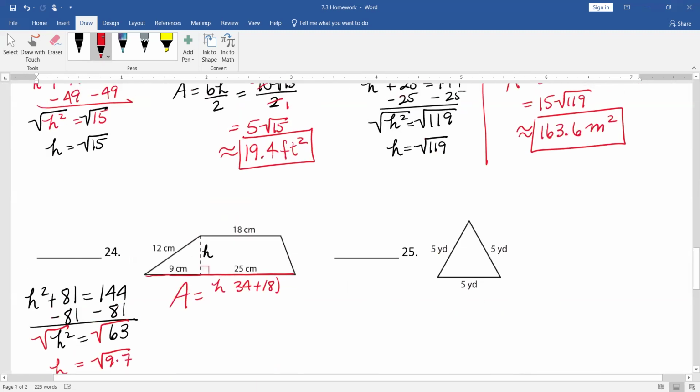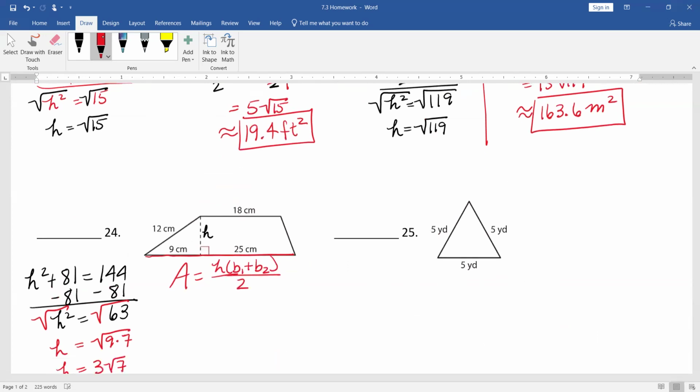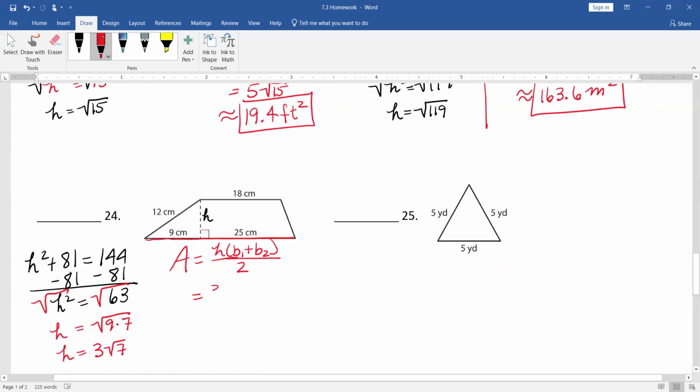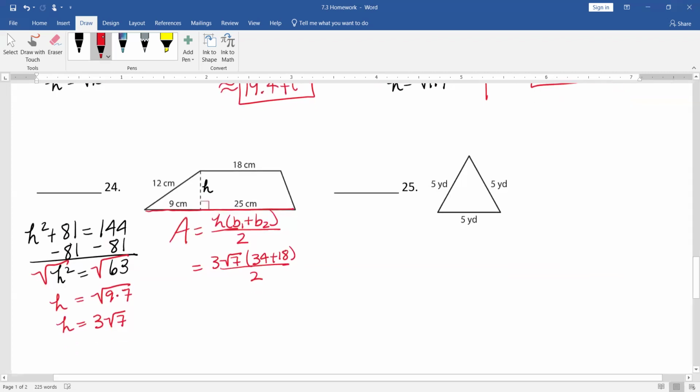Let me just write the formula first. It's height times the bases added together, divided by 2. Okay, so my height was some crazy 3 square root of 7, and I just figured out the bases are 34 plus 18. All that's divided by 2.